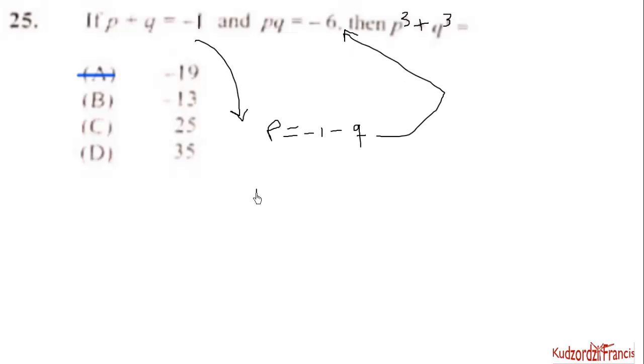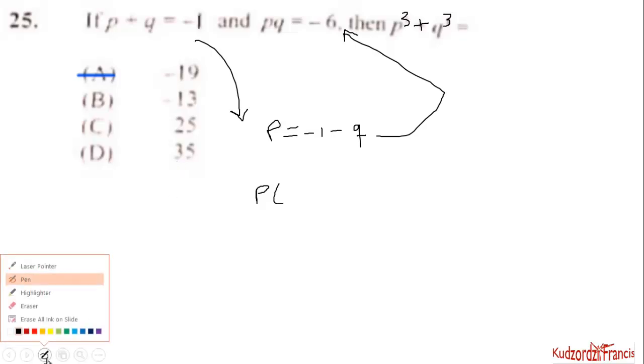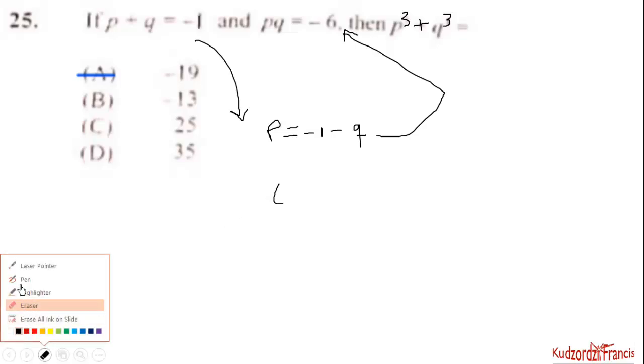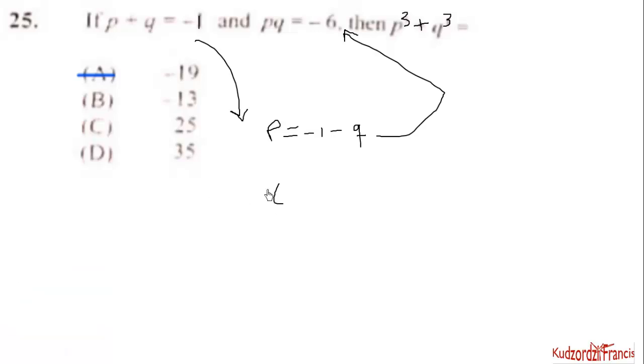So we will get Q into -1 minus Q is equal to -6.